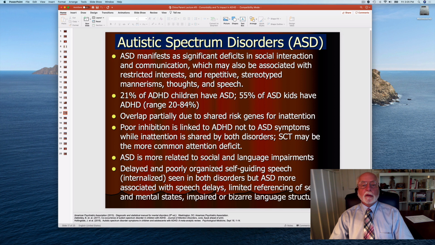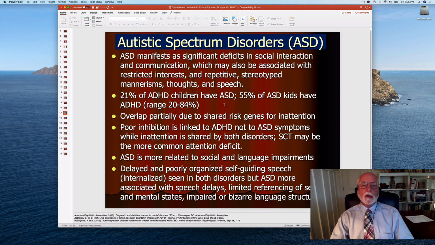So you can see some figures here on my slide with regard to this comorbidity. Now, as I pointed out, one reason why autism may develop is that it shares some genetics with ADHD. So having ADHD does increase the risk for inattentiveness or ADHD specifically.